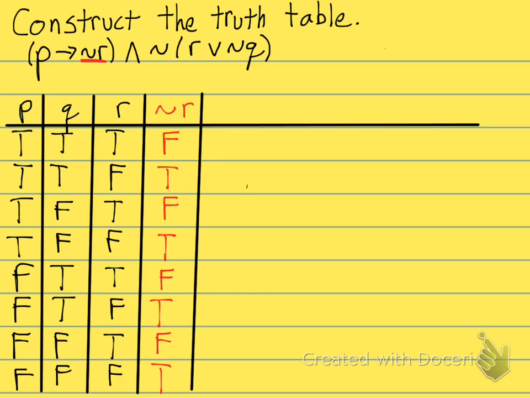Now that I've negated the R column, I can now focus on the whole statement, P arrow negation R. To do P arrow negation R, I need to look at the P column and the R column, remembering our condition for implication. An implication is only going to be false when the first is true and the second is false. As we look at our two rows here, true implies false, we can see that right off the bat we get one of those scenarios.